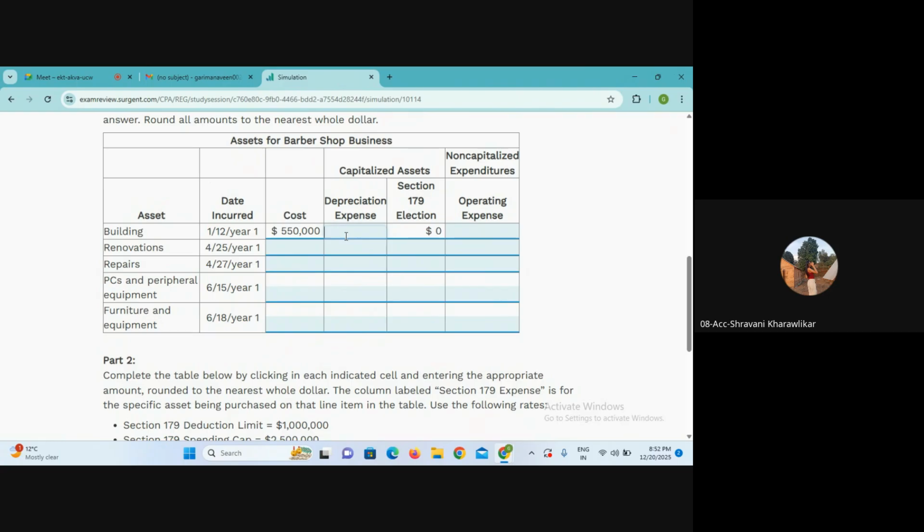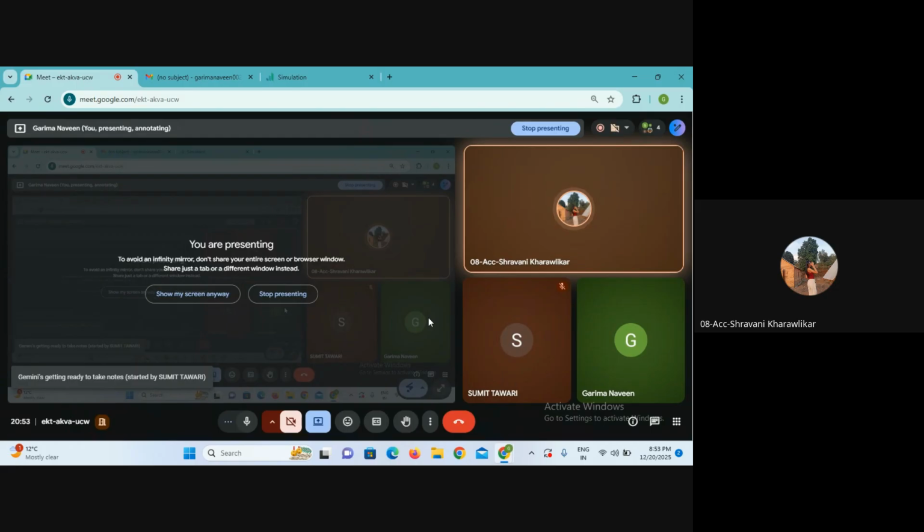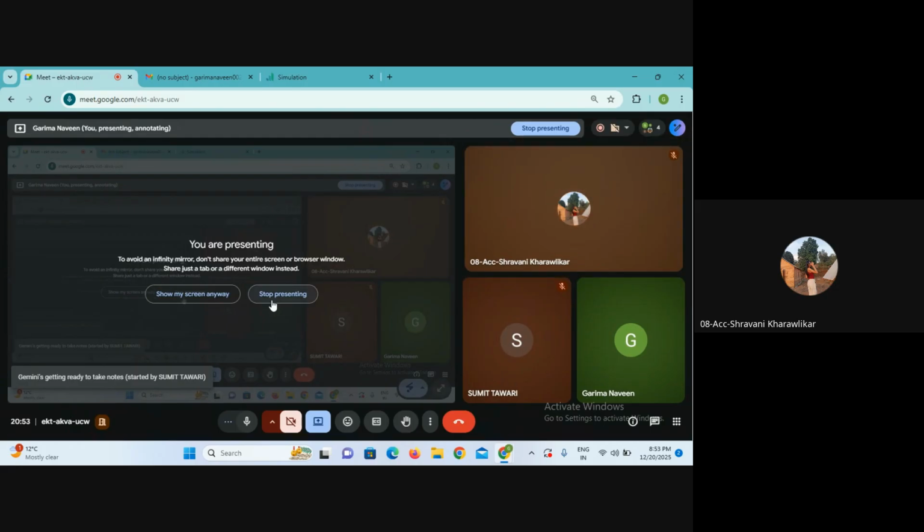Ma'am, 2.461%, right? Actually, I'm not able to see the screen. Yeah, the screen is black because of some network issue. Okay, I will present it again.